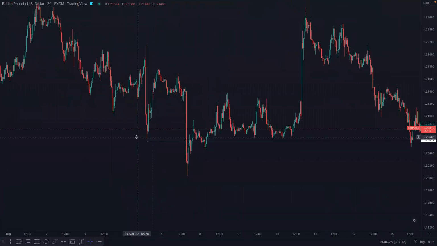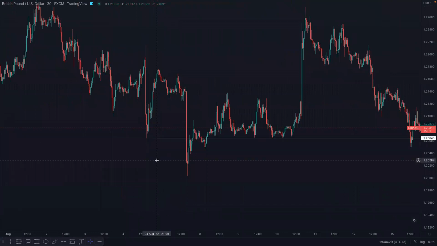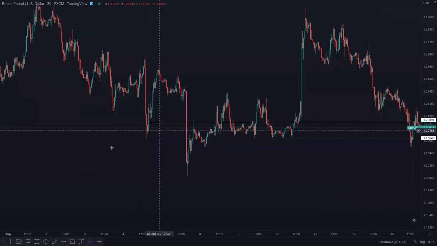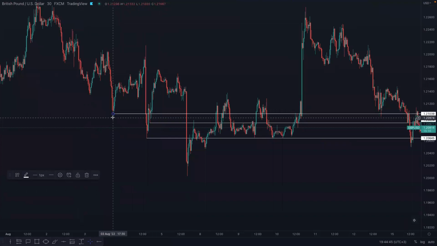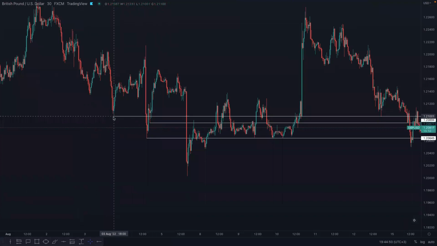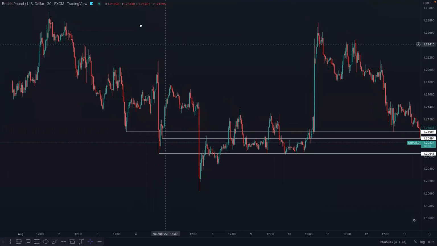This was our break-in retest structure, right? We had this hidden invalidation right here. This was our first hidden invalidation, and this was our second hidden invalidation right here. So as you can see, price came to respect this first hidden invalidation for this pullback. Let's try to look for more examples.